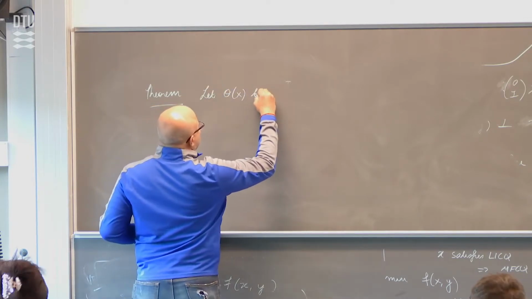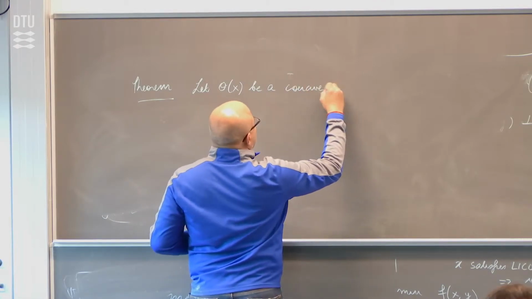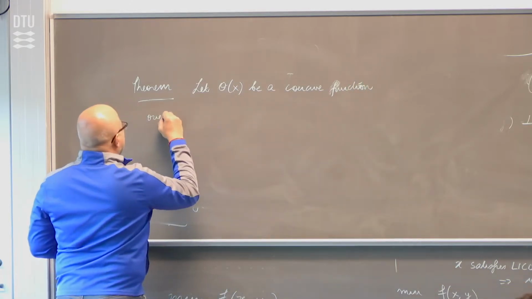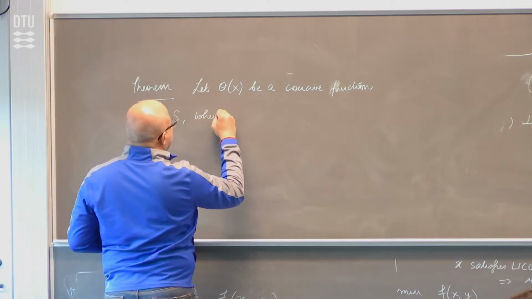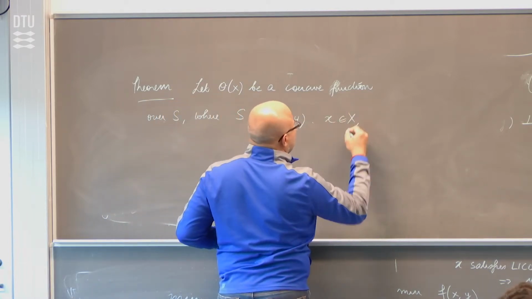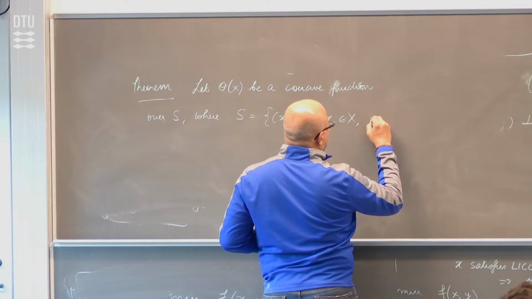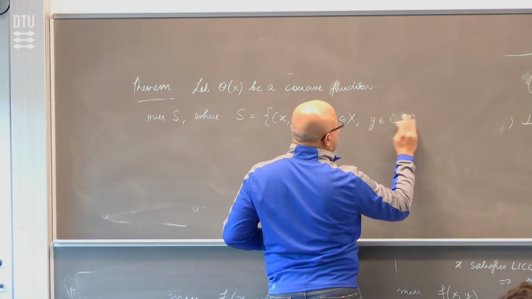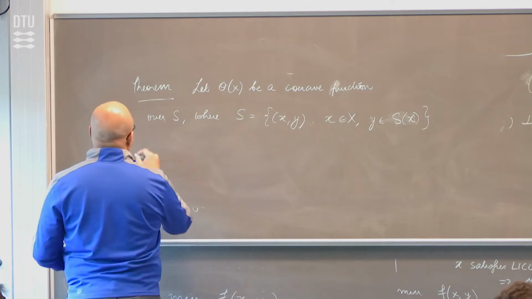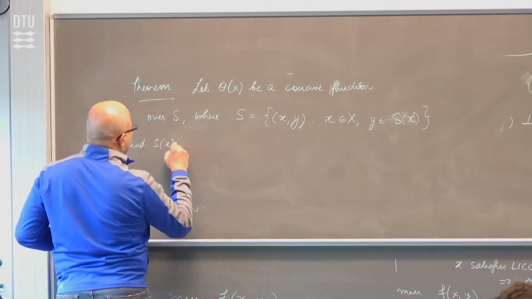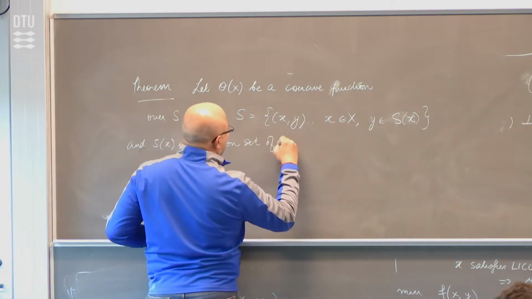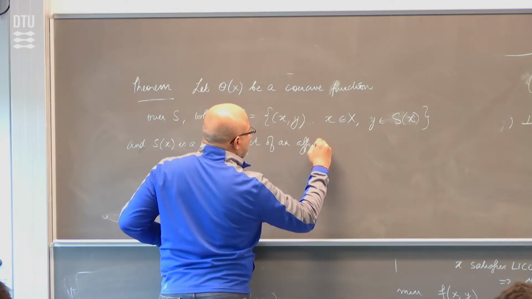Let theta of x be a coercive function over S, where S is the set of x comma y such that x lying in X and y lying in S of x, which is the solution set of a VI, and S of x is a solution set of an affine VI. So there are a host of results.